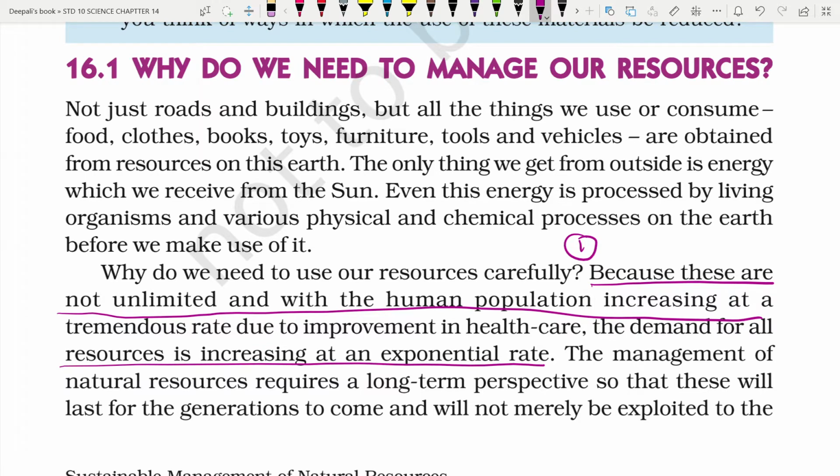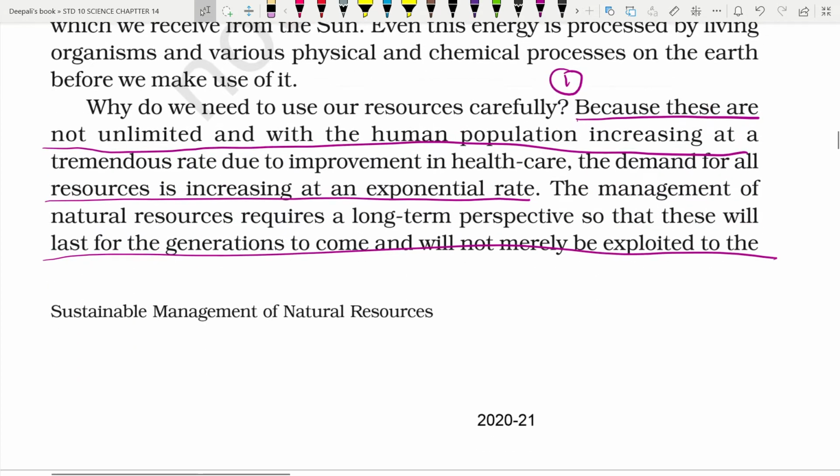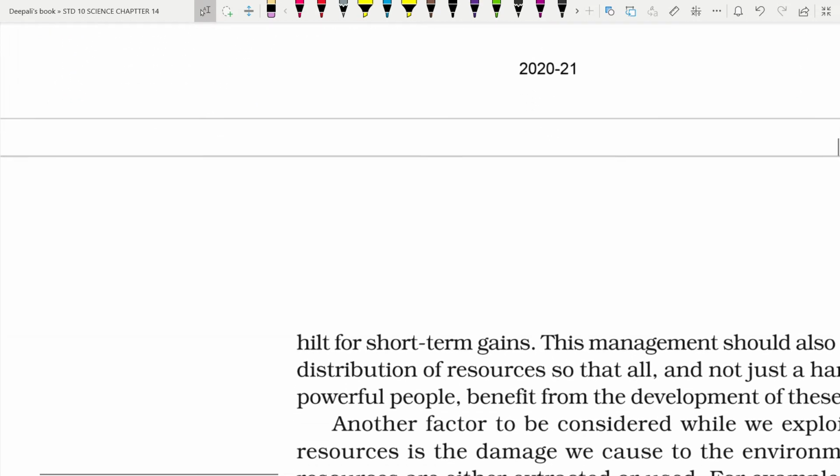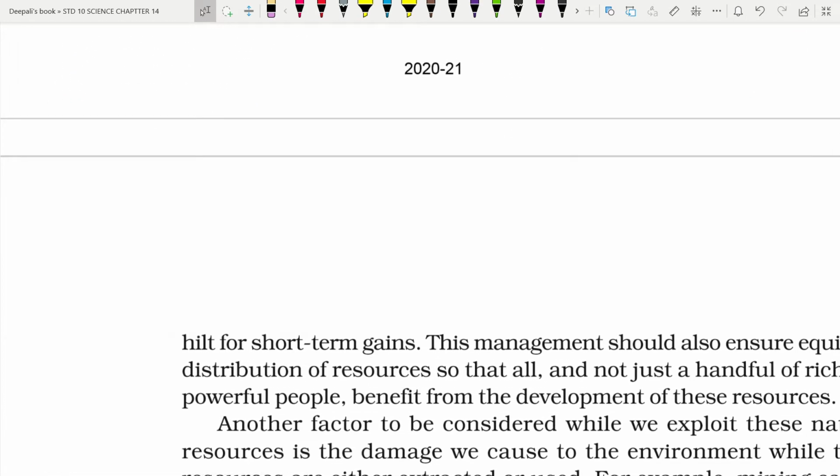So the management of natural resources requires a long-term perspective so that this will last for generations to come and will not merely be exploited to the hilt of short-term gain. So, to have it for a long time and for many more people and generations, as they are limited, we need to conserve them.